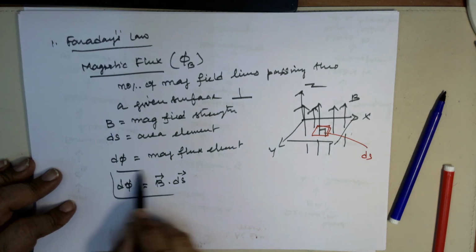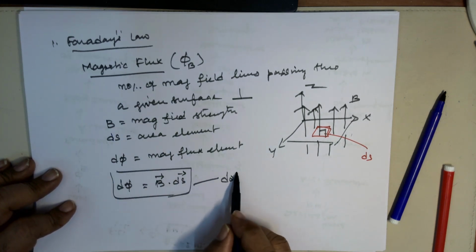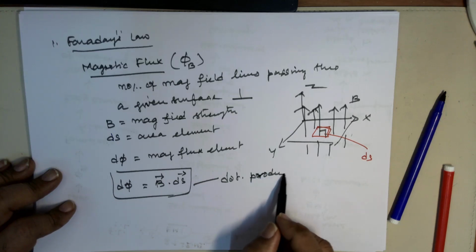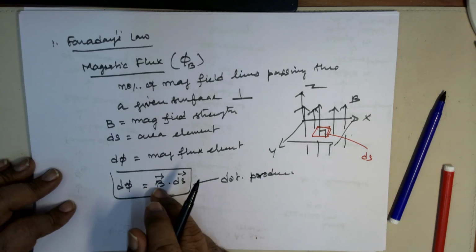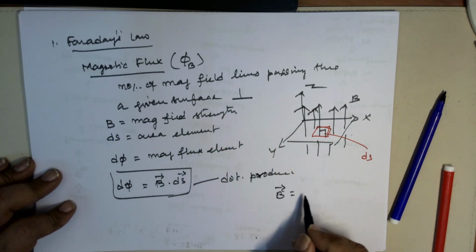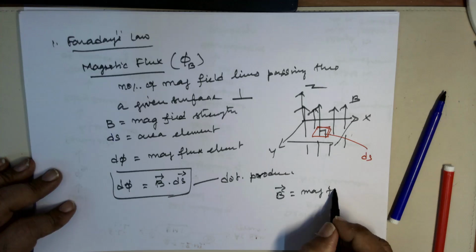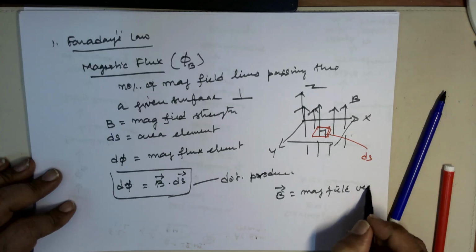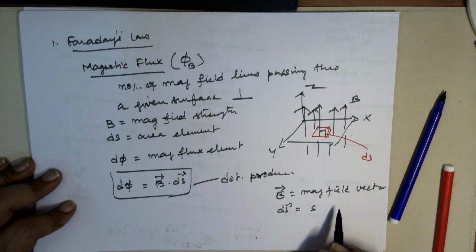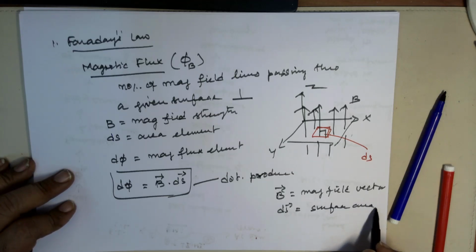So this is actually a dot product, because B vector is the magnetic field vector. And what about dS, the surface area element vector?